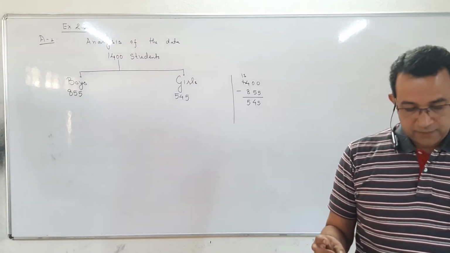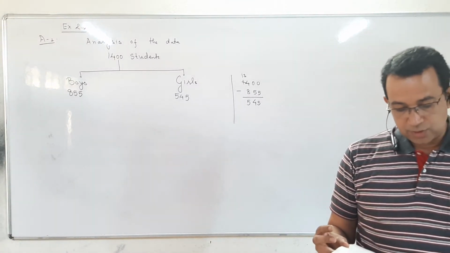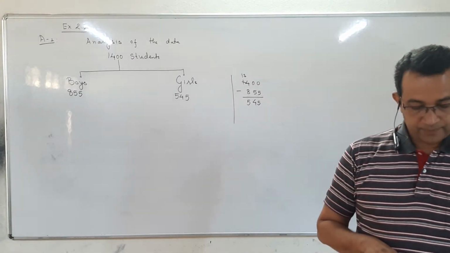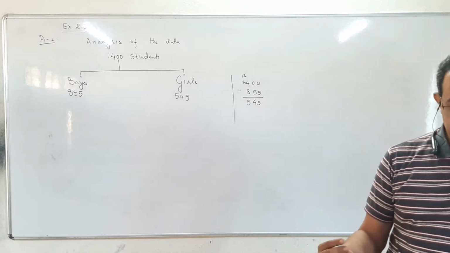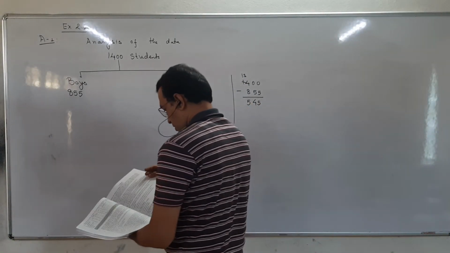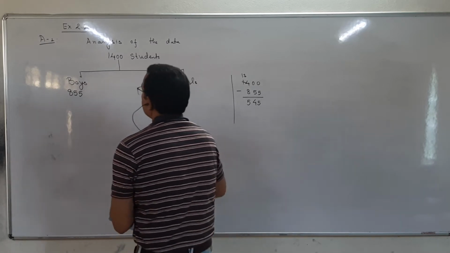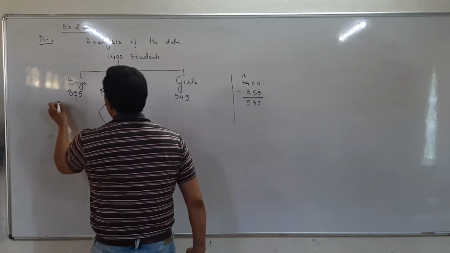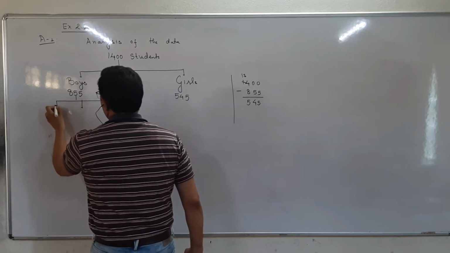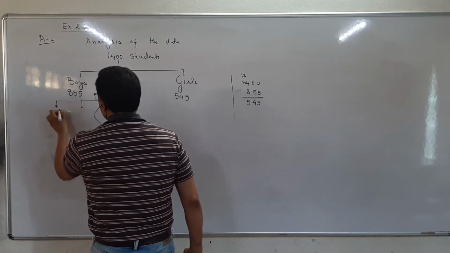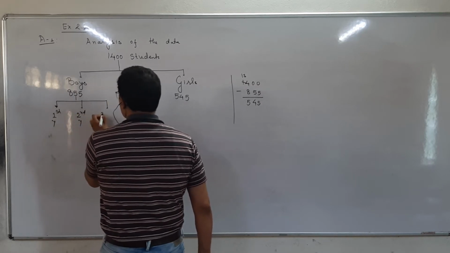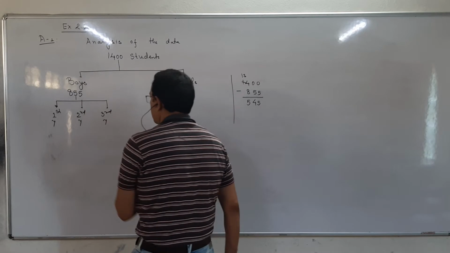And of 855 boys, 225 boys were in the second year. Okay, so boys are divided into three more categories: first year, second year, and third year.